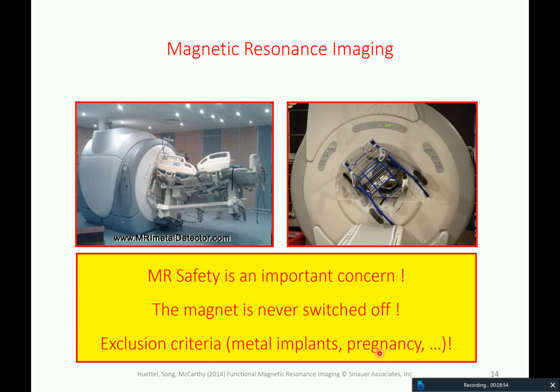Things like pregnancy are also contraindications, although the bottom line is there is no problem at all during pregnancy for cognitive experiments. There's also no scanning, and so this is important.